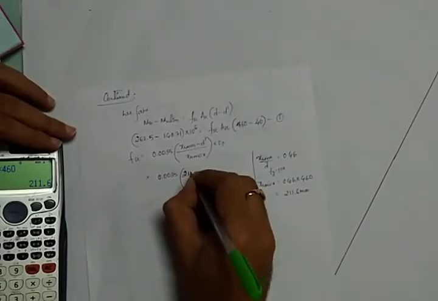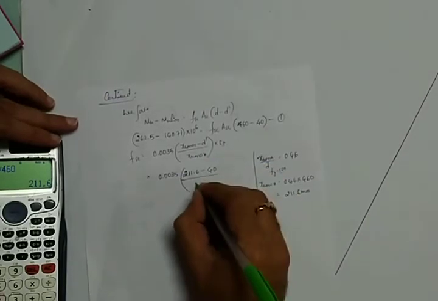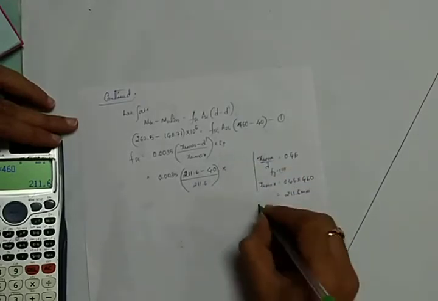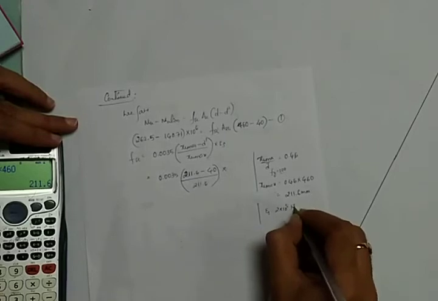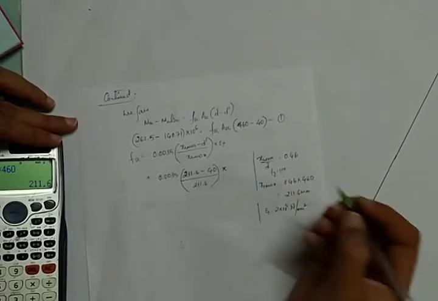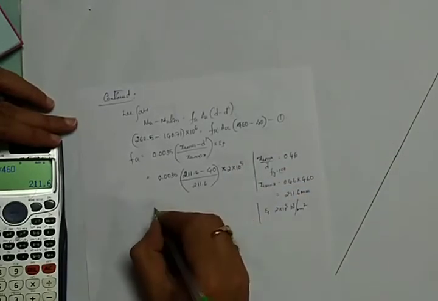So this will be 211.6 minus 40. D dash is known, 40, divided by 211.6. Close the bracket. ES is known. Always ES is 2 into 10 power 5 Newton per mm square. This is Young's modulus for steel, which is always constant. So adopt the value as 2 into 10 power 5.